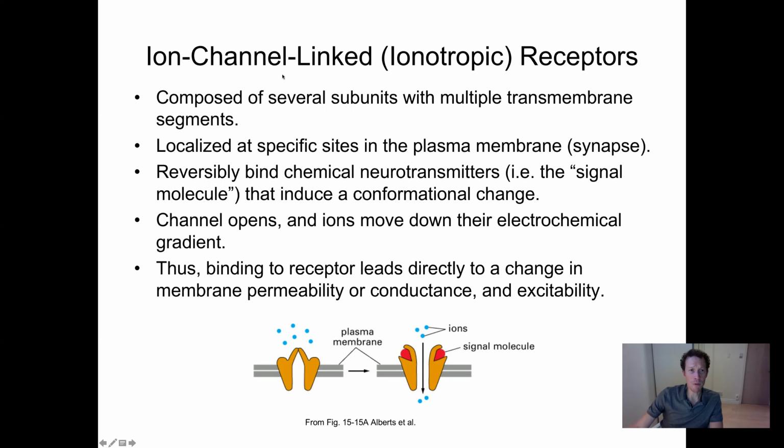So this is where we would find ionotropic receptors, at synapses, because this is where a neurotransmitter is released and where they need to act. They reversibly bind neurotransmitters. So for example, acetylcholine might come in, bind reversibly with a receptor, allow for opening, and then they dissociate. It would be pretty useless if binding was permanent.